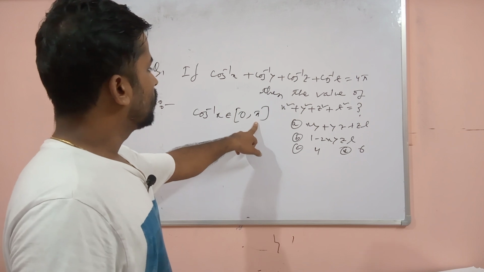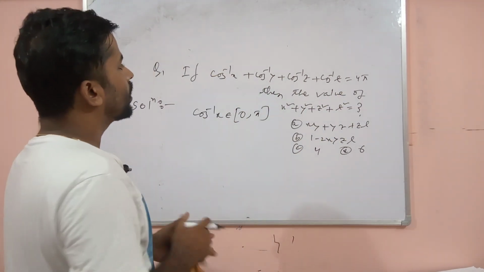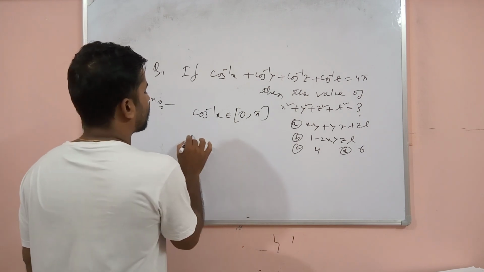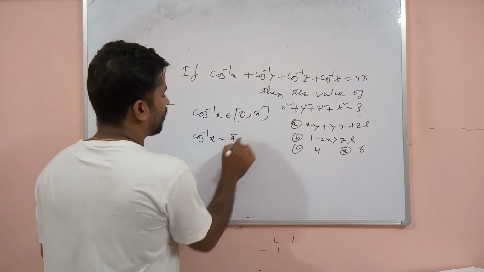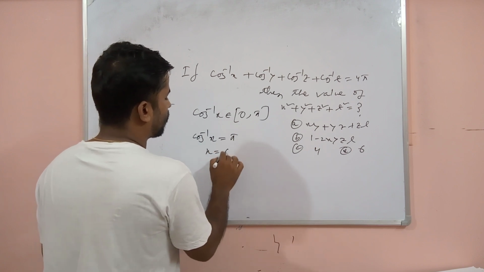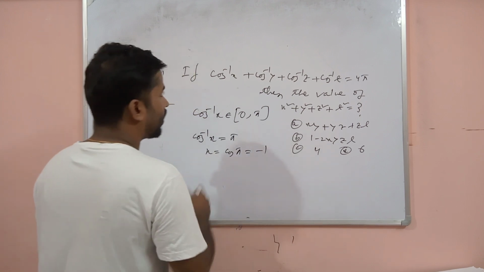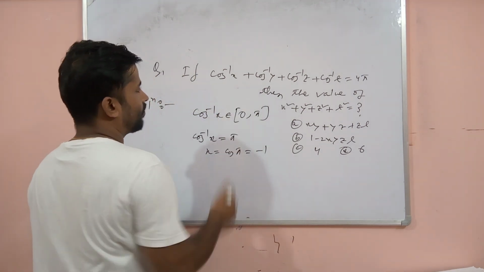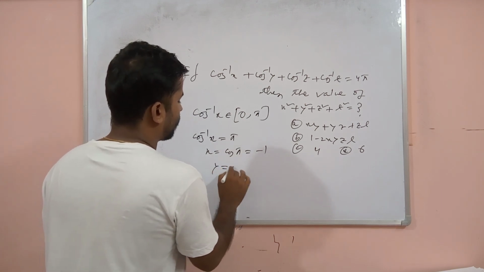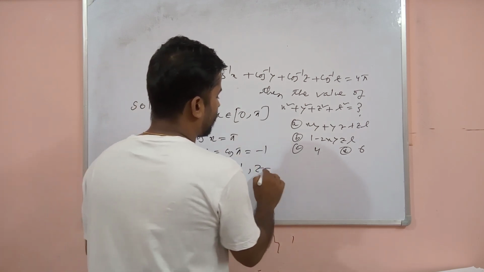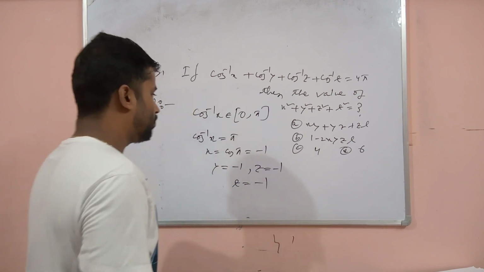Its min value is 0 and max value is pi. Okay, so as this is 4 pi, each portion will be pi, so x is equal to cos pi, and cos pi is equal to minus 1. Likewise, cos inverse y equals pi, so y is also minus 1, z is also minus 1, and the last one, t, is equal to minus 1.